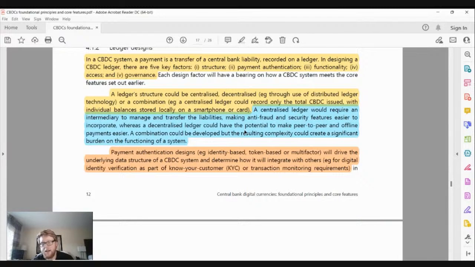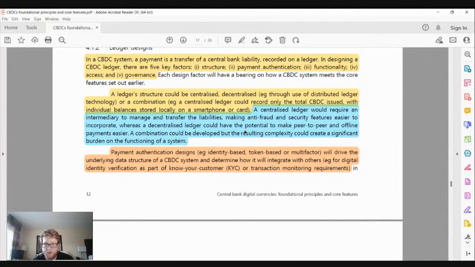So they go on to say a centralized ledger would require an intermediary to manage and transfer the liabilities, making anti-fraud and security features easier to incorporate. Whereas a decentralized ledger could have the potential to make peer-to-peer and offline payments easier. A combination could be developed, but the resulting complexity could create a significant burden on the functioning system, right?